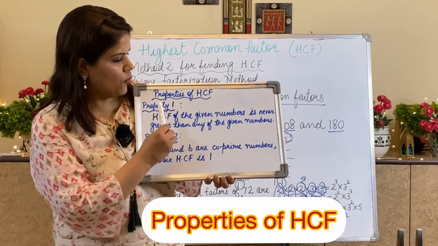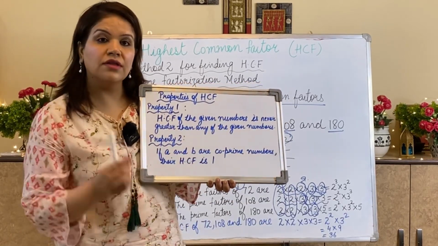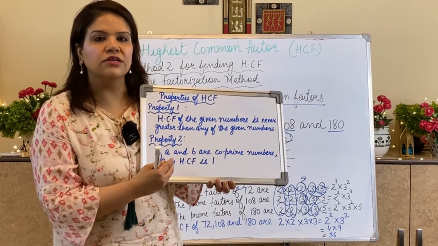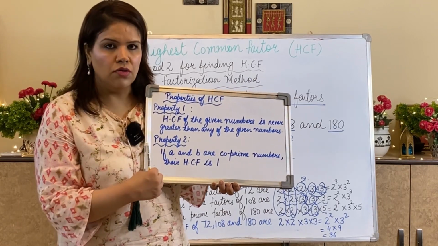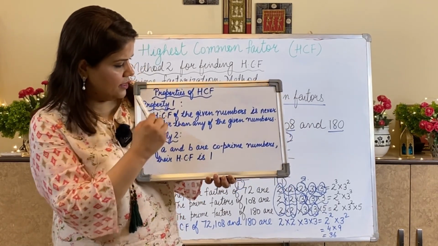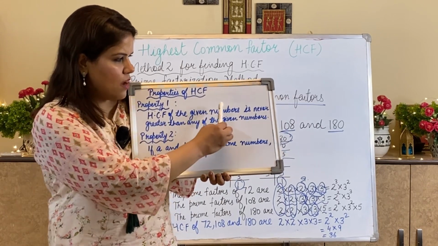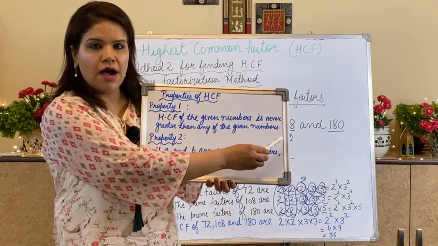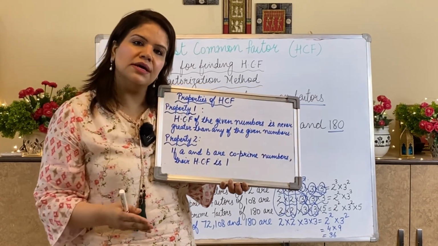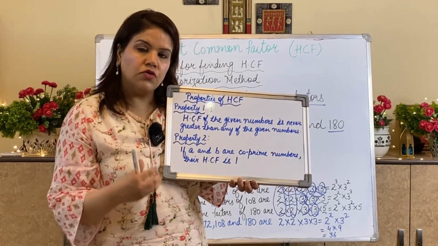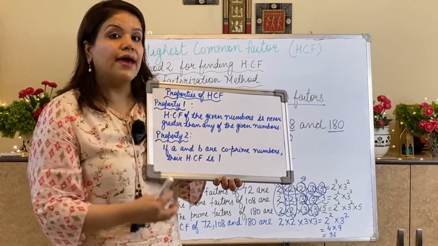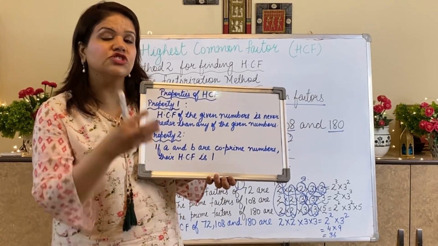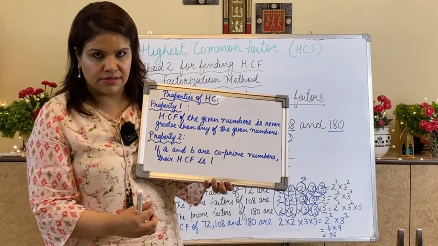Now I am taking properties of HCF. There are some properties of HCF which we should know, and the first property is HCF of the given numbers is never greater than any of the given numbers. Whatever numbers have been given to us to find the HCF for, HCF will be always smaller than those numbers.